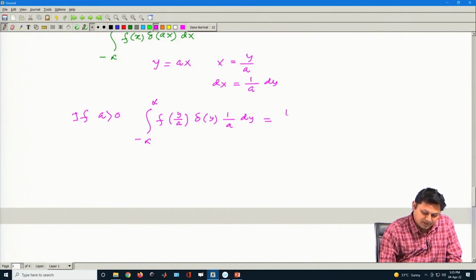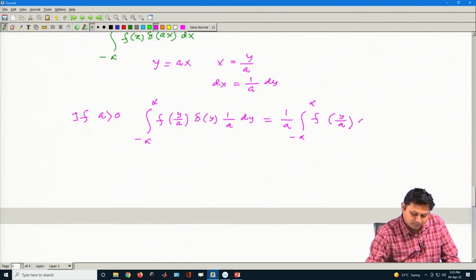So, we will eventually have 1 by a, then integration minus infinity to infinity f of y by a and delta of y dy.